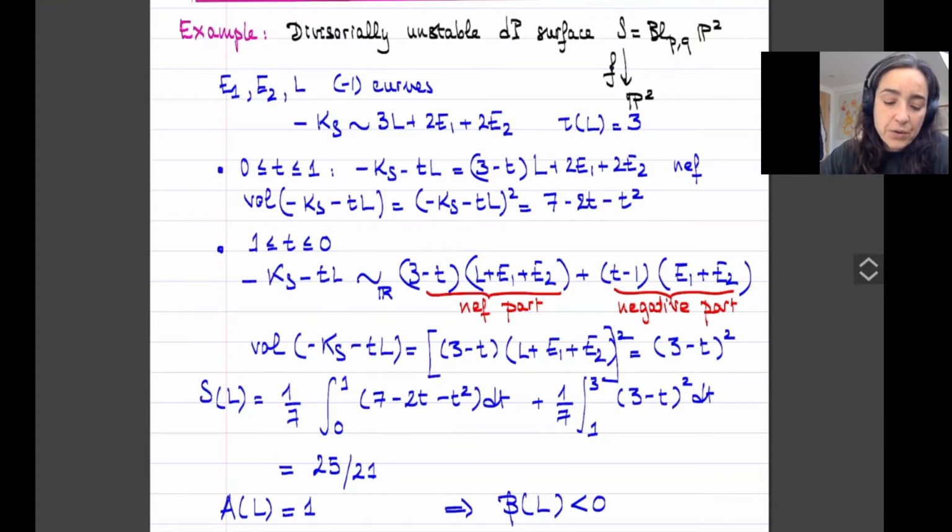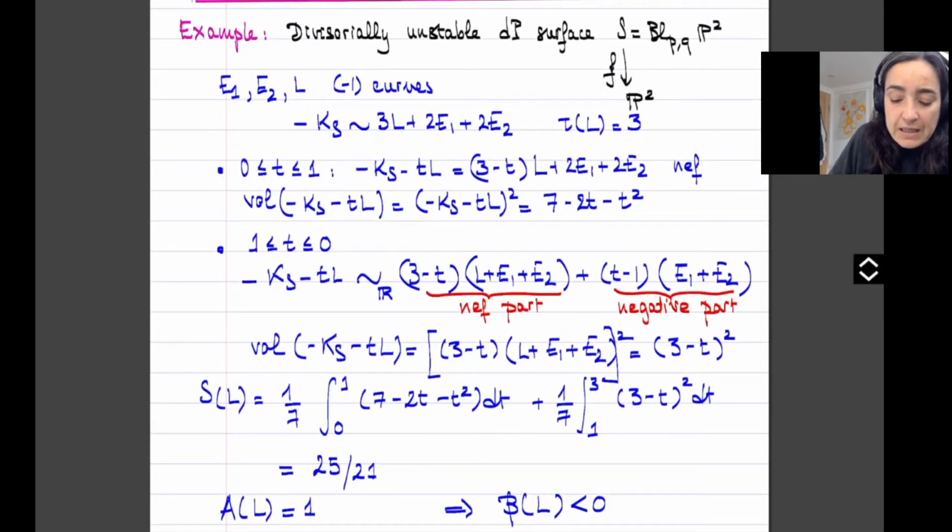Then you have three -1 curves on this surface: the exceptional divisors over P and Q, and the proper transform of the line through P and Q. You can write that the anticanonical divisor is linearly equivalent to 3L plus 2E1 plus 2E2, so that it's easy to see that the pseudo-effective threshold of L is 3. This is the maximum t such that -K_S minus tL is still pseudo-effective.